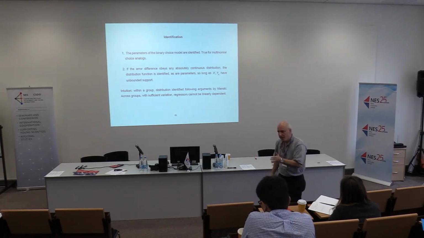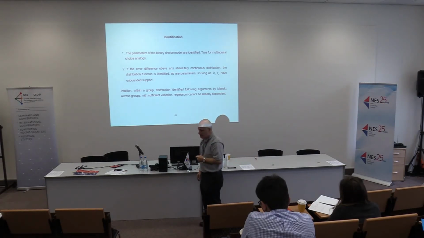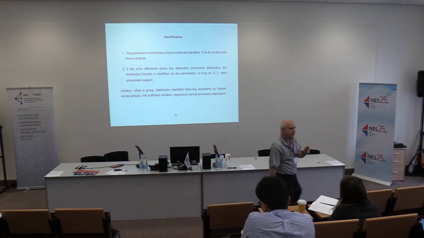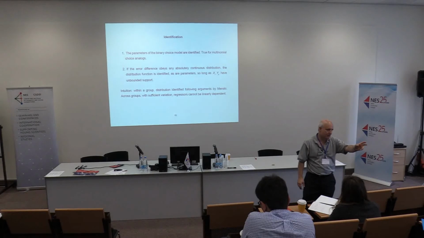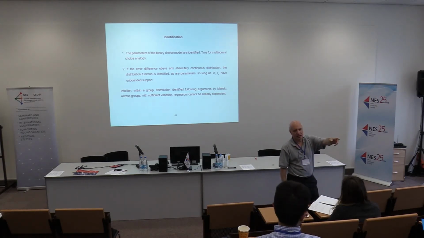So within a group, you can pin down the density of the errors as well as the values of the C's. That's idea number one. So one group is sufficient to identify those two facets of the model. In other words, within a group, everybody faces the same social structure, and so what I can pin down are the sources of individual heterogeneity.